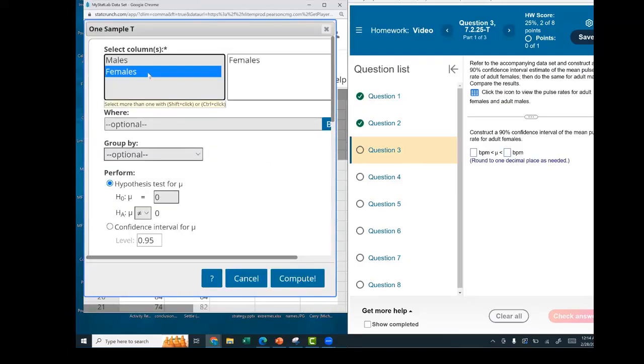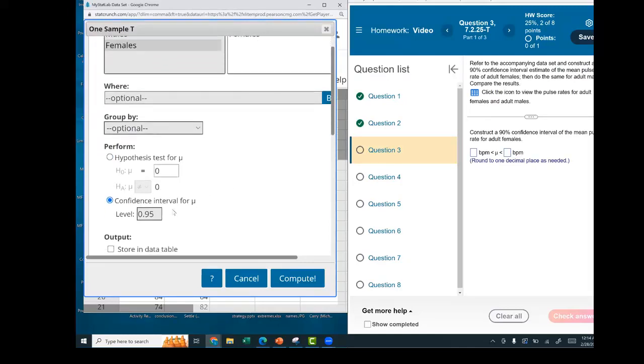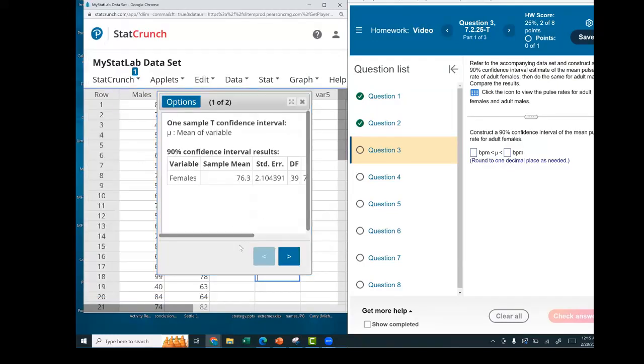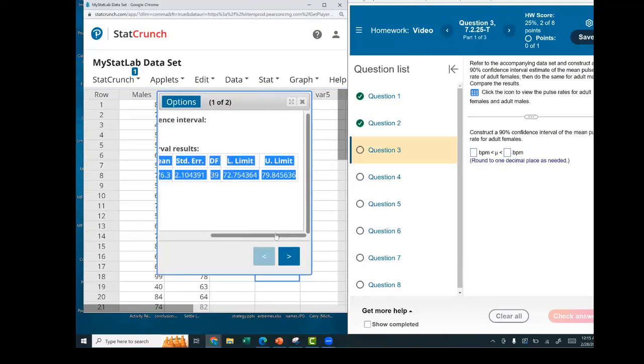And we're using females. 90%, so that's 0.9 or 0.90. And sure, we can put that plot, hit compute, and we're given that the lower limit to 1 decimal place, 72.8.